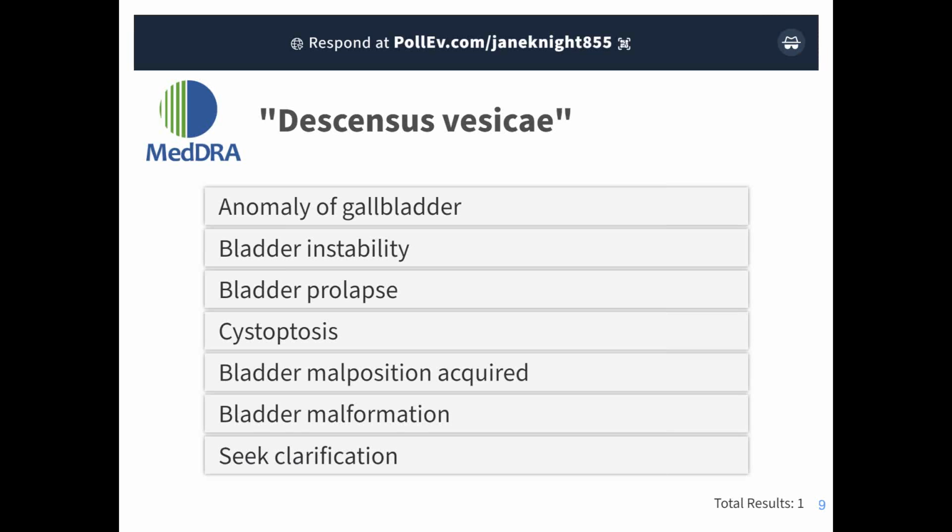Again, your choice here. Would you consider this an anomaly of the gallbladder or bladder instability, bladder prolapse, cystoptosis, bladder malposition acquired, a bladder malformation, or would you see clarification here? What would you do with this one here?